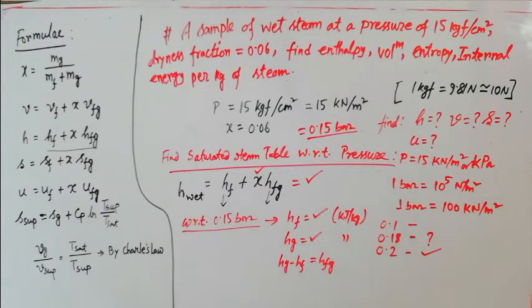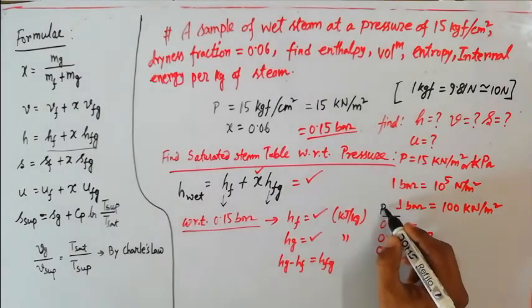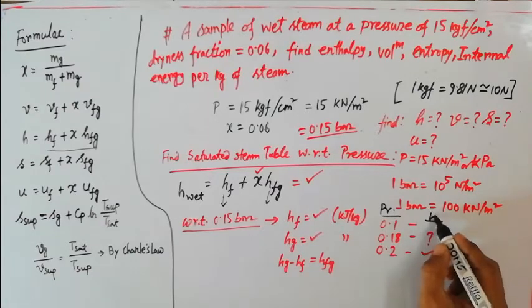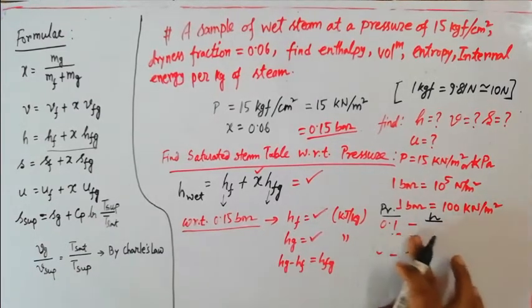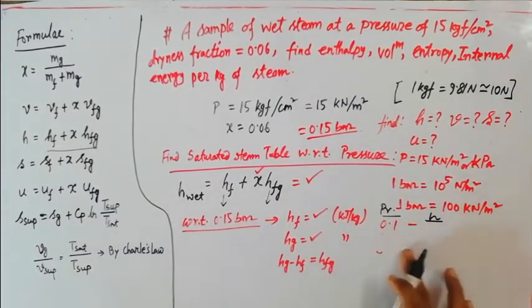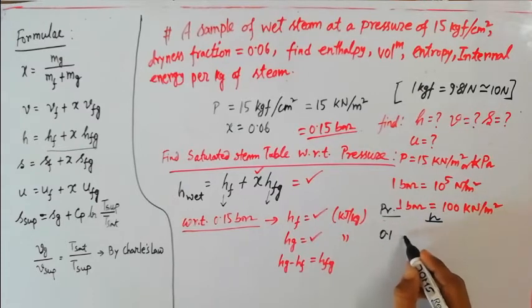Suppose these values, I am showing you the interpolation. Suppose 0.1 and these are the pressure values, and these are the enthalpy values I am taking.